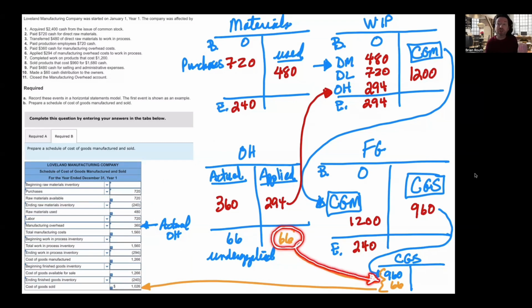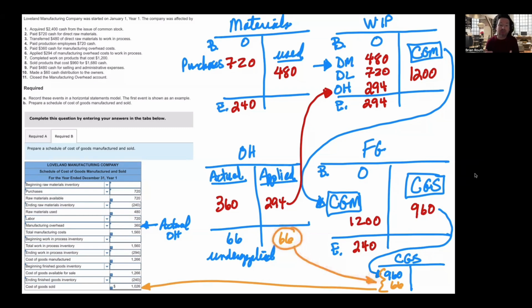If we're under applied, that means we didn't apply enough cost. So when we fix that problem, our cost should increase, and that's exactly what is happening here. Our expenses are increasing because expenses go up with debits. That is the big difference between a schedule and using our T accounts. The schedule uses your actual overhead amount, whereas with T accounts, we apply overhead into work in process with our applied overhead.